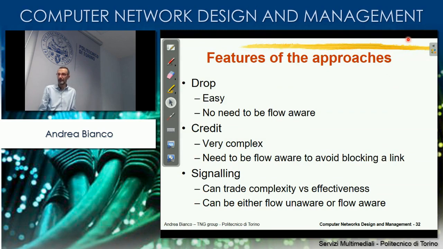And if you want to avoid blocking a link, it must be connection aware. Signaling is a hybrid scenario in which you can trade complexity versus efficiency or effectiveness, depending on how complex the signaling scheme is. And it can be used both in a flow-aware or in a flow-unaware fashion, as we will see. These are the main features of these approaches.